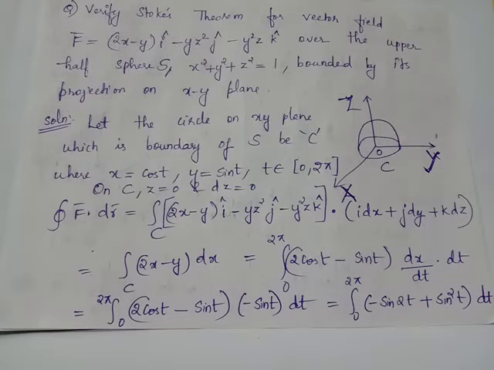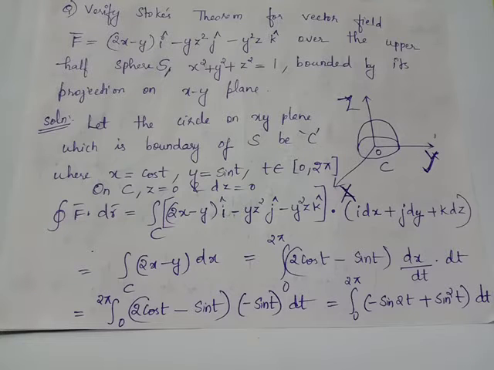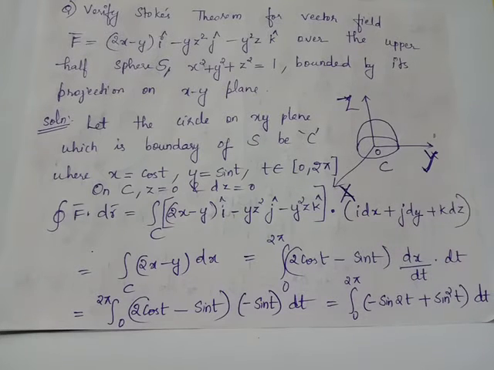Let us evaluate the line integral over C of f bar dot dr. We have to take the dot product between this f bar and dr equals i dx plus j dy plus k dz. This is obtained because r equals xi plus yj plus zk, and therefore dr bar will be this expression.